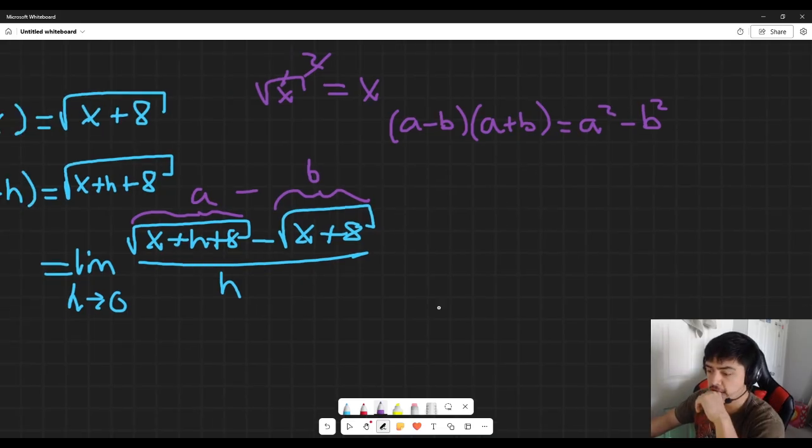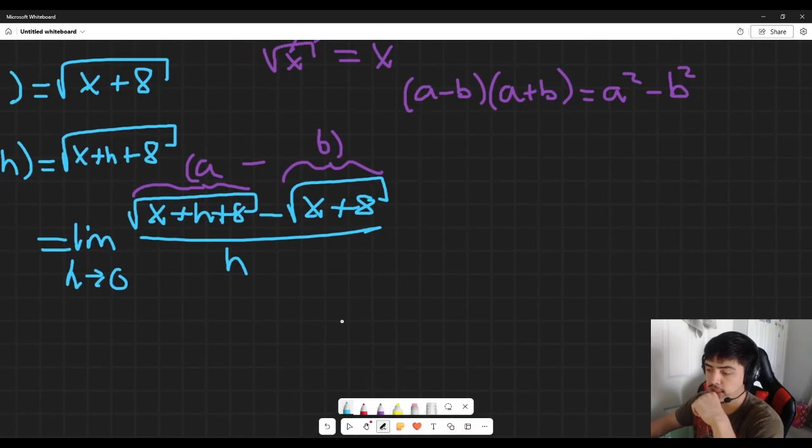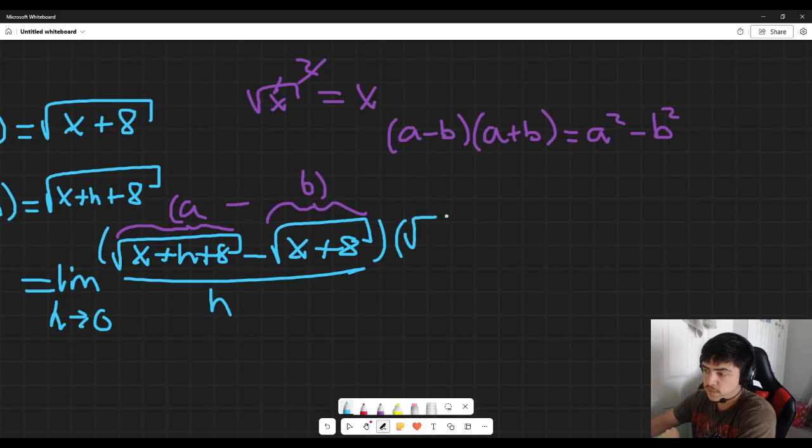So if we recognize this whole thing right here as our a minus b, we can figure out what our a plus b is and multiply the whole top part and the bottom part by it. And hopefully we can cancel some stuff out. So multiplying the numerator and the denominator by the conjugate, it's called the conjugate, our a plus b, just switching the signs in the middle, that's going to be the square root of, I'm going to make this a little bigger, x plus h plus 8.